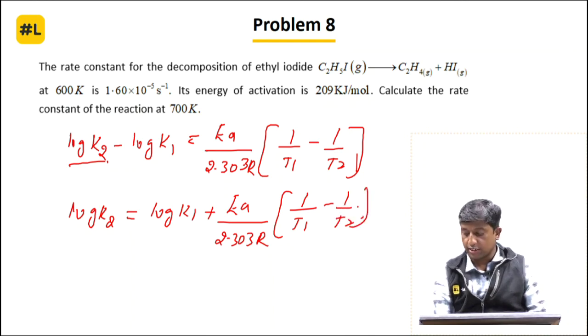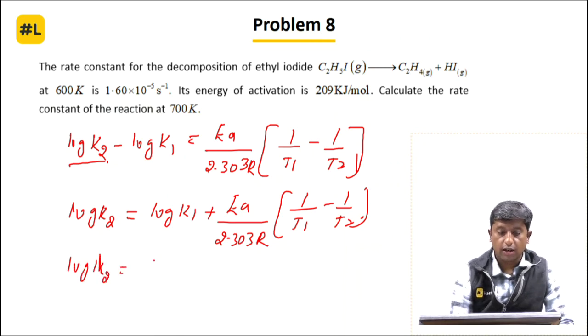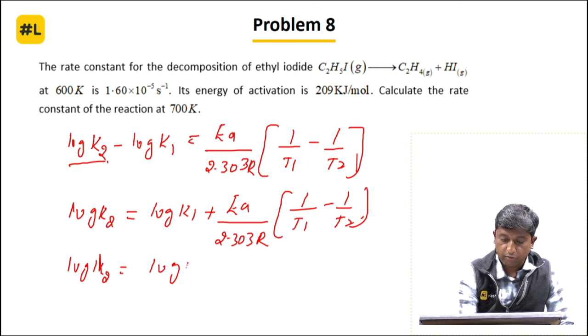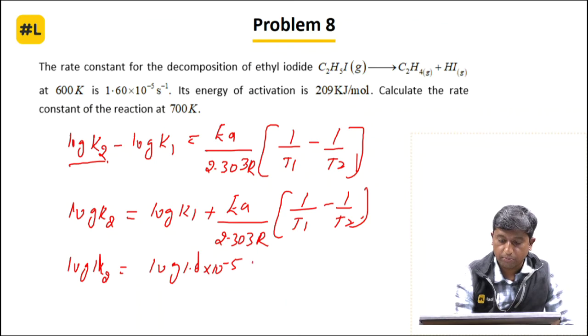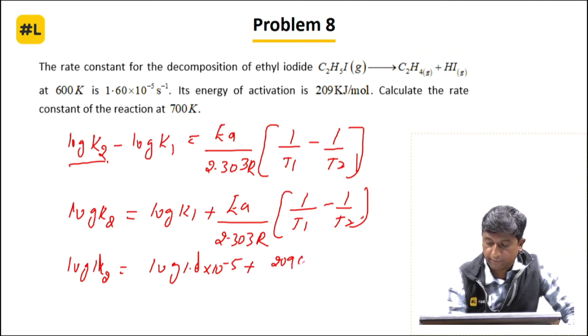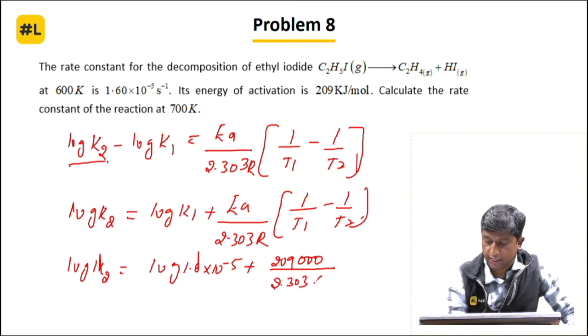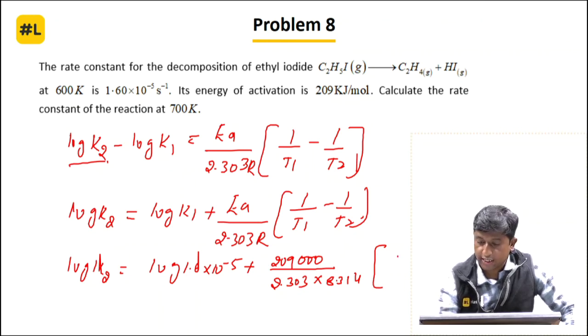So, let us substitute the values in the problem. Log of K2 will be equal to log of K1, that is log of 1.6 into 10 power minus 5, plus energy of activation they have given, 209 kilojoules. Let us keep it in joules, 209000 divided by 2.303 into 8.314, into 1 by 600 minus 1 by 700.